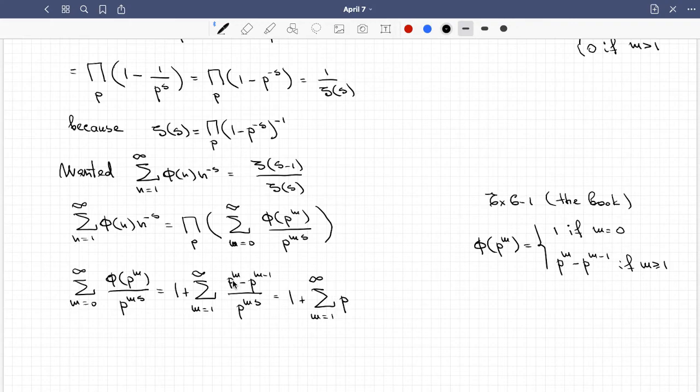I divide the difference by the denominator: p to the power 1 minus s times m, minus the sum from 1 to infinity of p to the power 1 minus s times m minus 1, minus s.